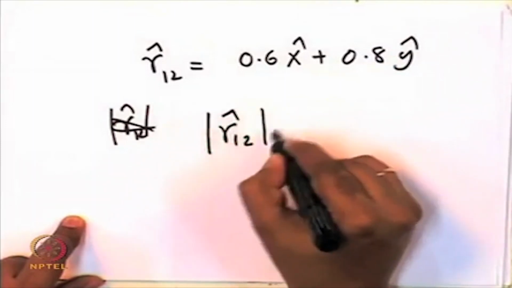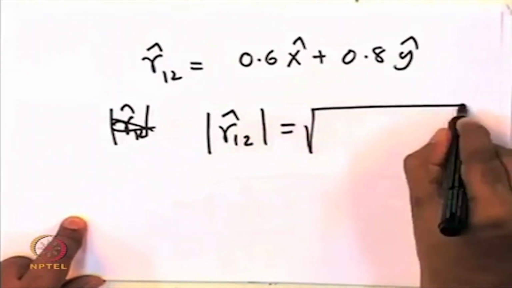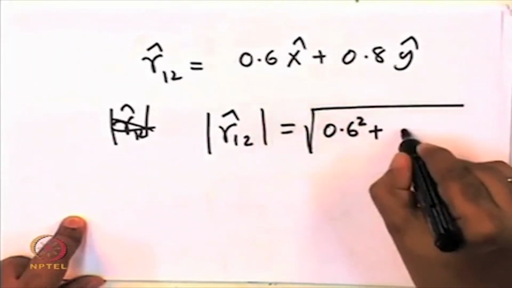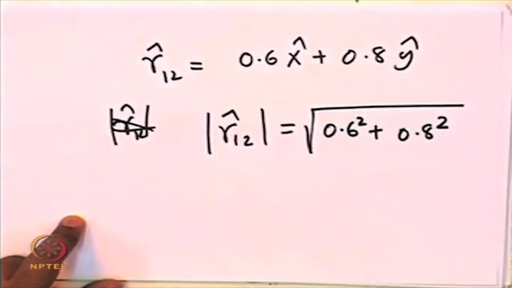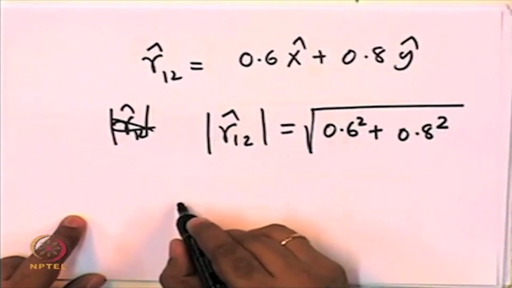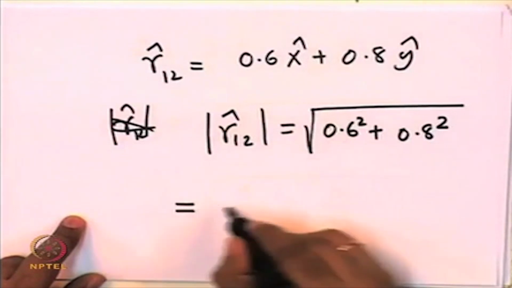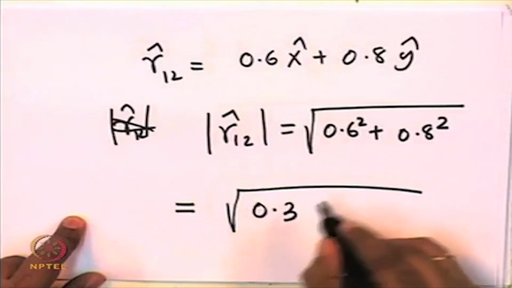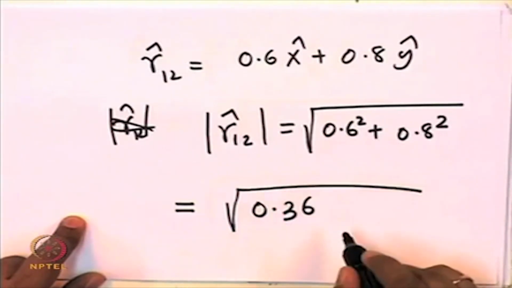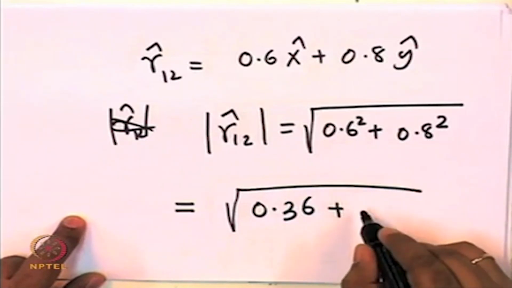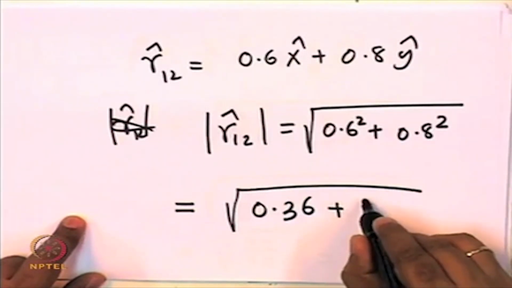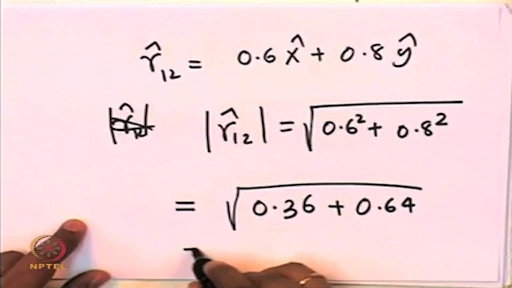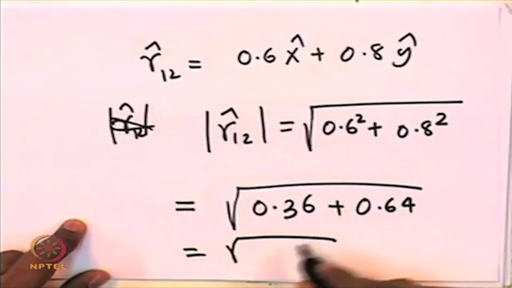Mod of r12 cap is the square root of 0.6 squared plus 0.8 squared, which is the square root of 0.36 plus 0.64. 0.36 plus 0.64 is 1.